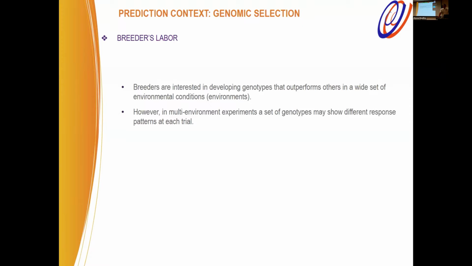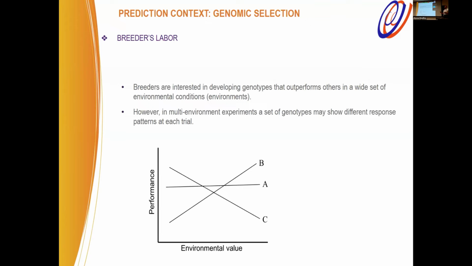It means that they have to test many genotypes in many different environmental conditions. It means that many times the performance of a genotype in one environment is going to be low, and probably in other environments it's going to be higher.